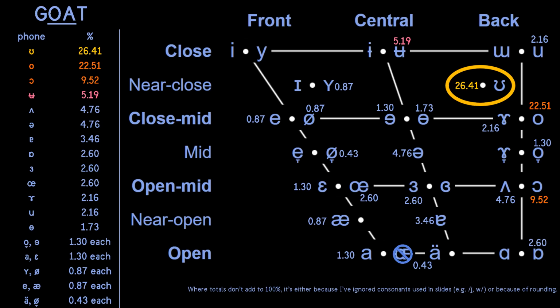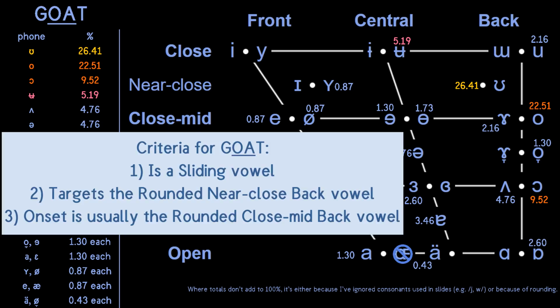So, what we see for the goat vowel is that its target phone is the rounded near-close back vowel, while its second and third places are its most common onset phones. The latter of those is the golden phone of thought, but look at how far behind second place it trails.